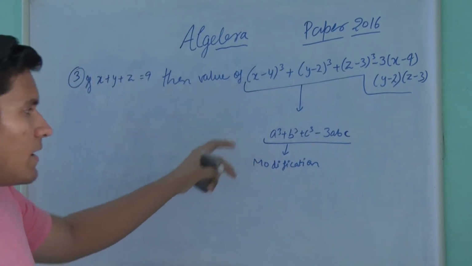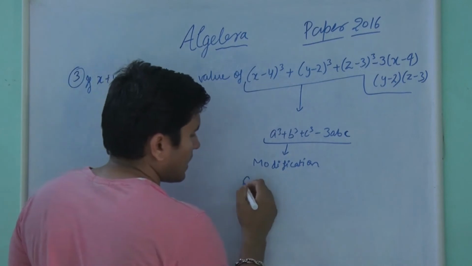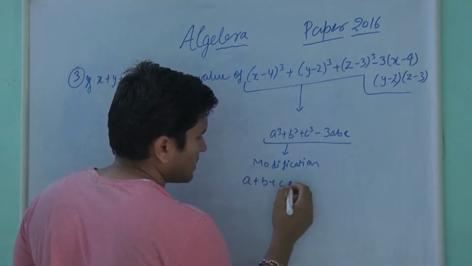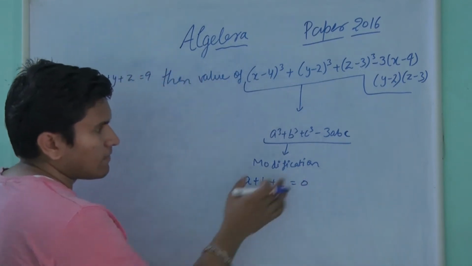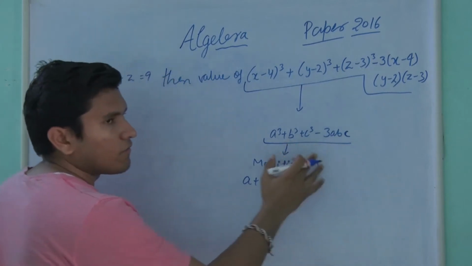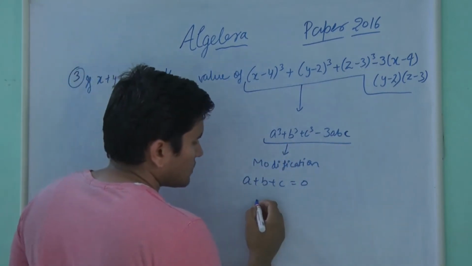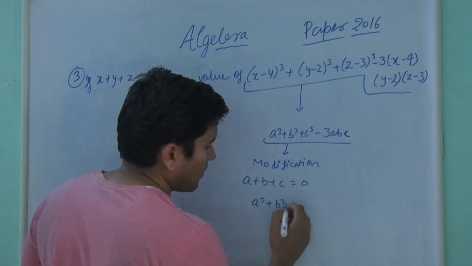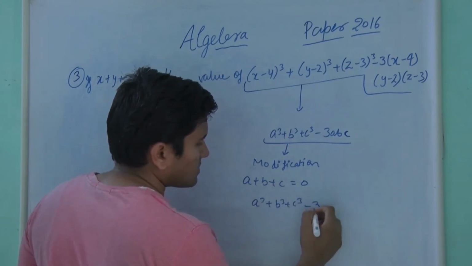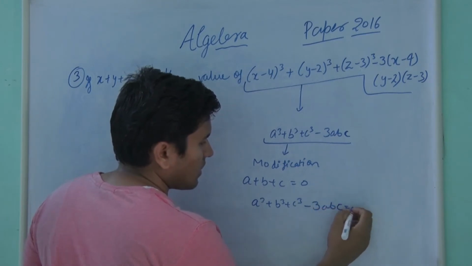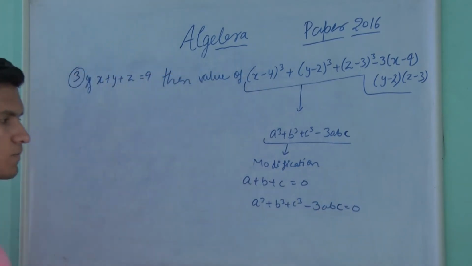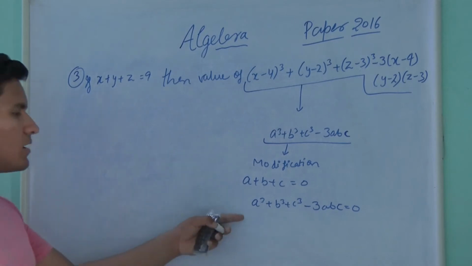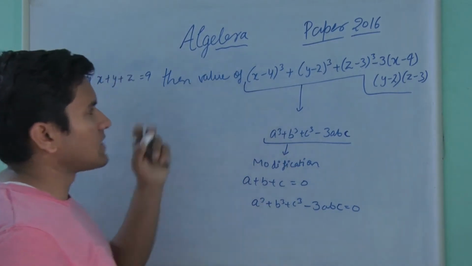In this type of identity, if a plus b plus c equals 0, then the whole expression becomes 0. So if a plus b plus c is 0, then a cube plus b cube plus c cube minus 3abc will also be 0. Applying this identity, we will solve this question in seconds.